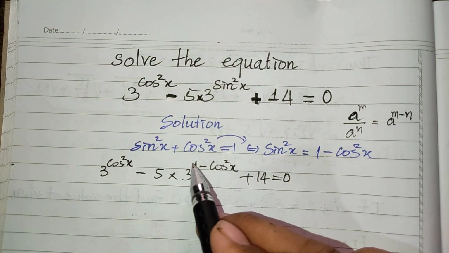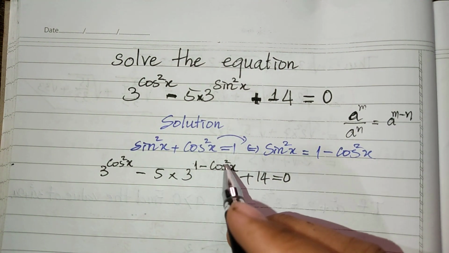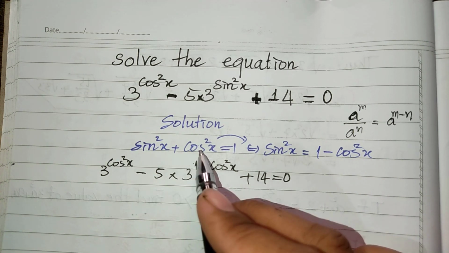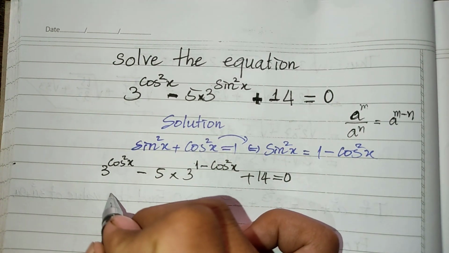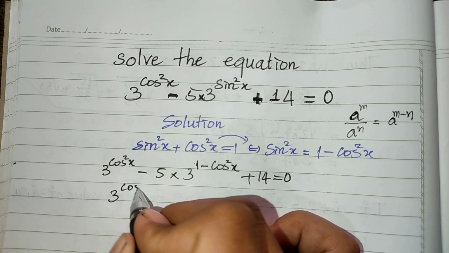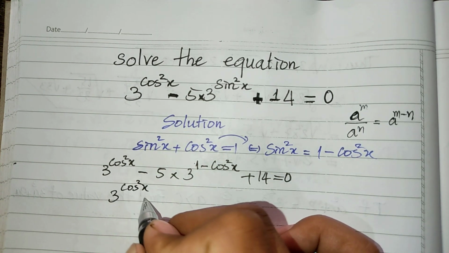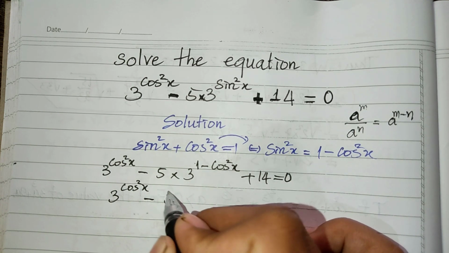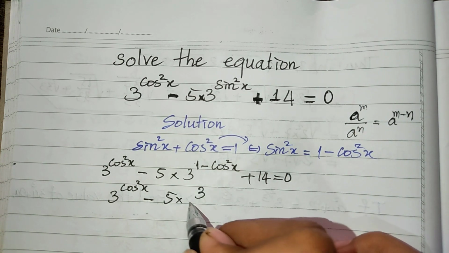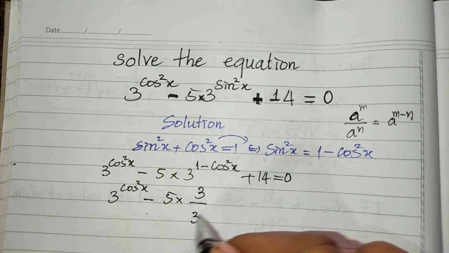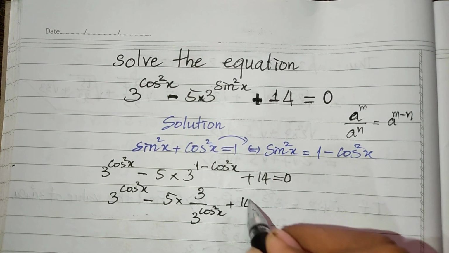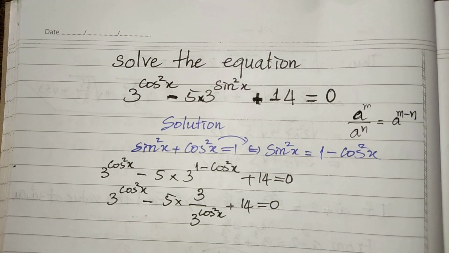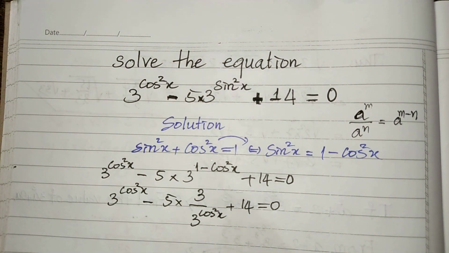So 3 to the power 1 minus cosine squared of x can be written as 3 to the power 1 divided by 3 to the power cosine squared of x. So we get 3 to the power cosine squared of x minus 5 multiplied by 3 divided by 3 to the power cosine squared of x plus 14 equals 0.